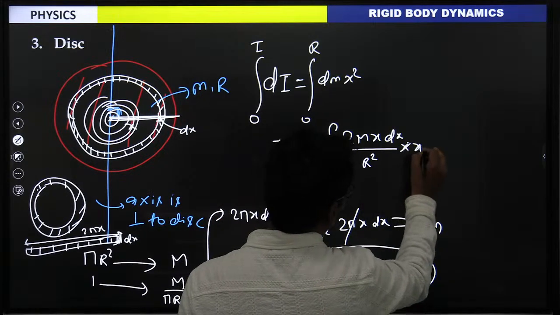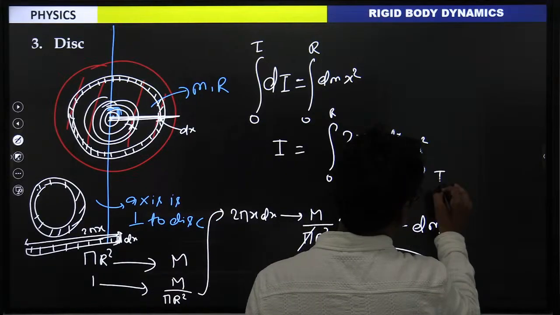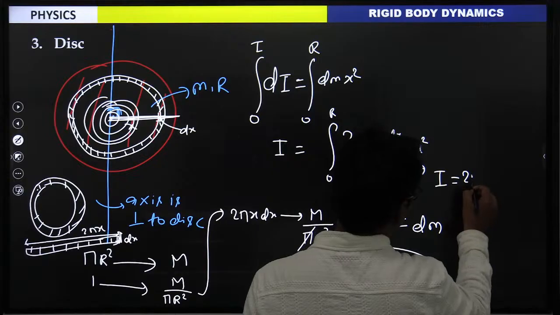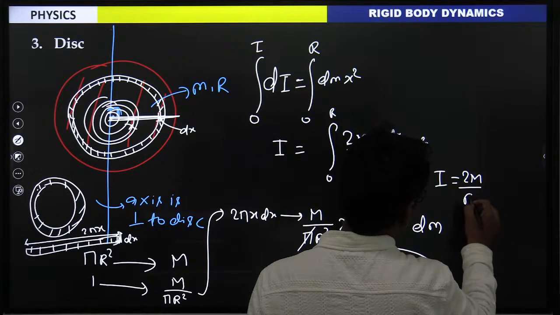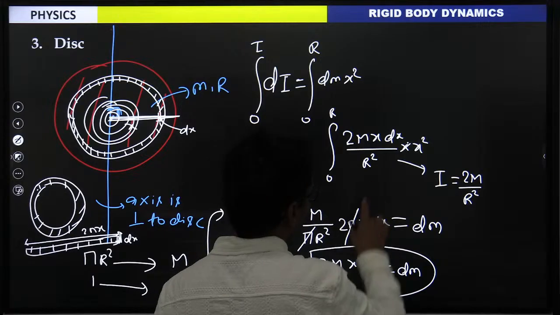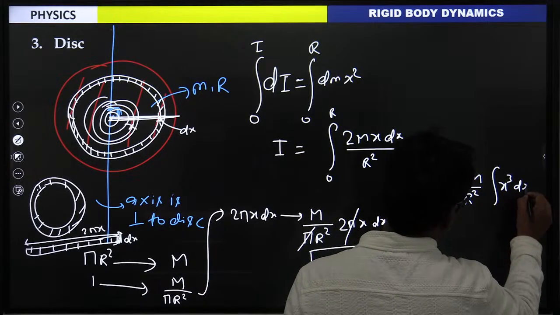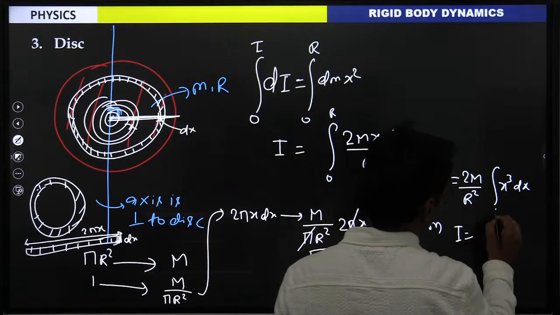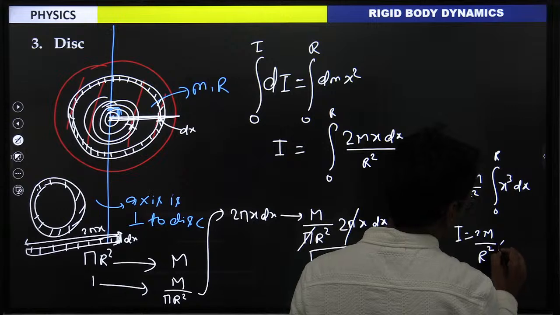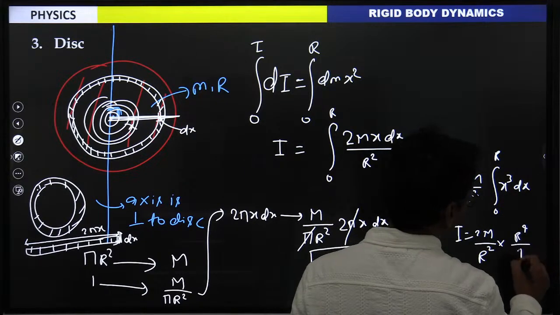Into x square, from 0 to r, and this becomes I is equal to, taking outside, 2m upon r square, integral of x cube dx. After solving from 0 to r, this becomes 2m by r square into r to the power 4 by 4.